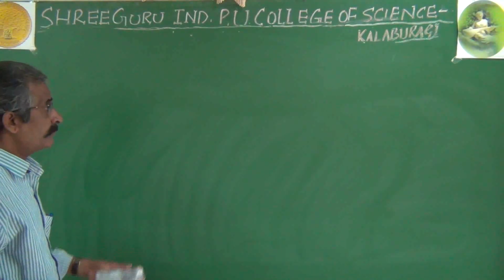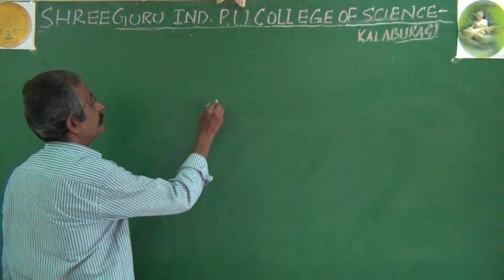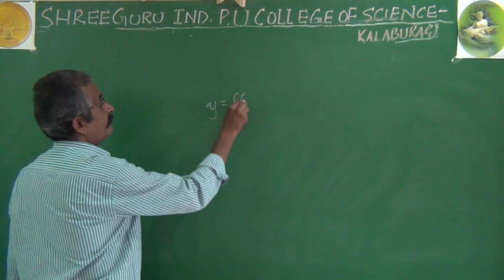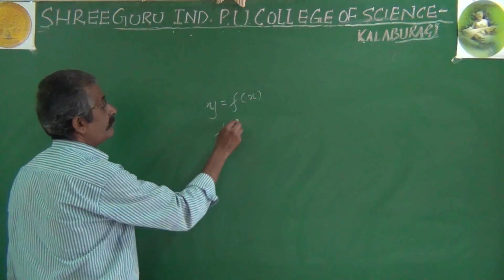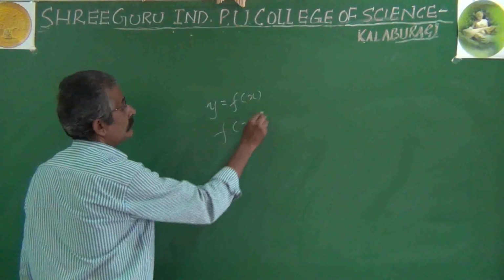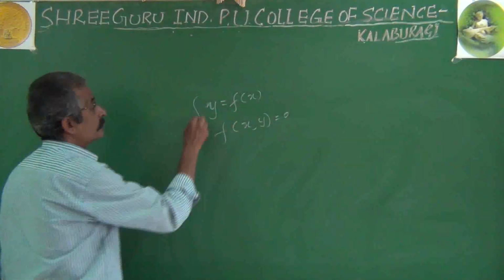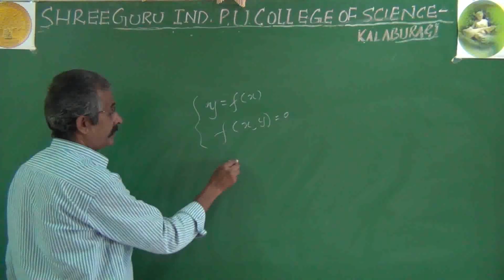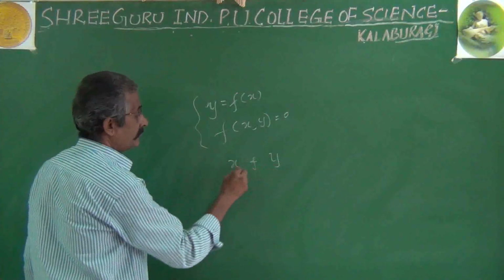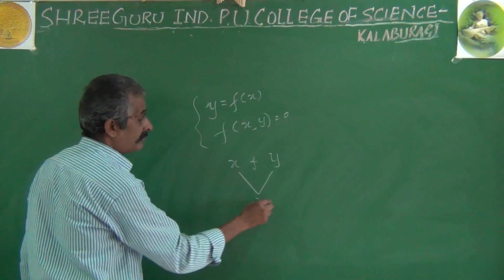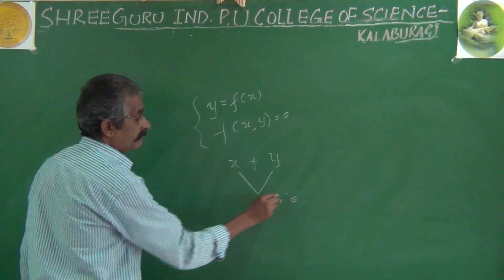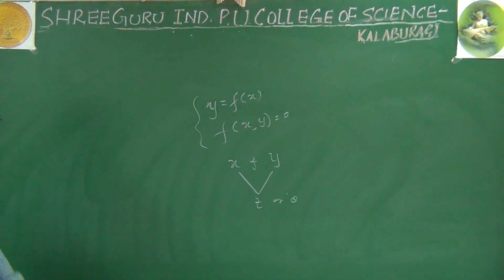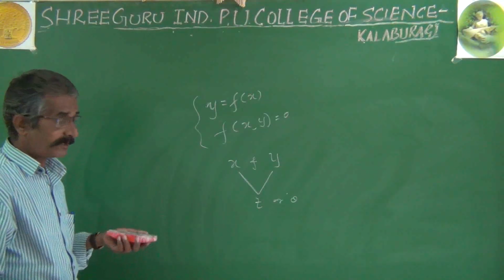In the last class, what we have seen is that in a function y equal to f of x or f of x, y equal to 0, in either of these two cases, it is always possible to express both x and y variables in terms of a new variable t or theta by means of suitable equations or functions.